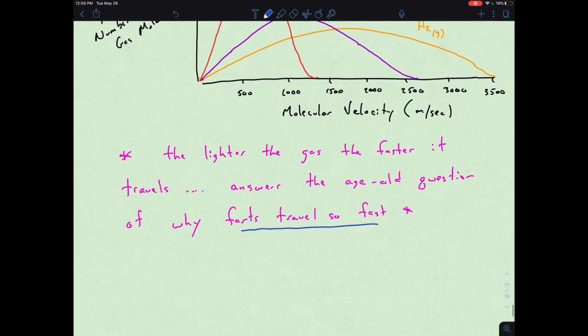The problem is that a gas has a range of molecular velocities.